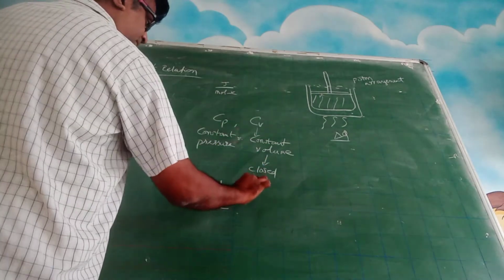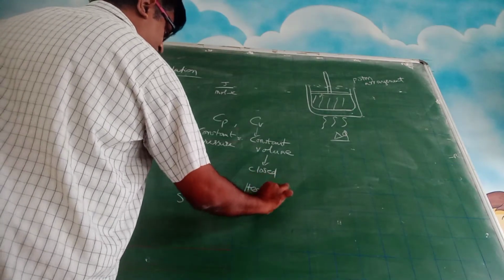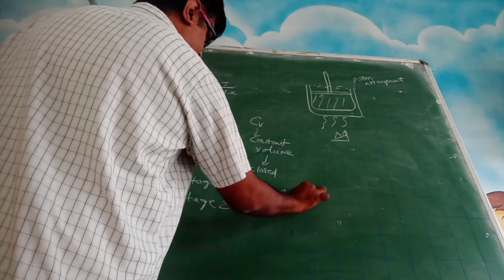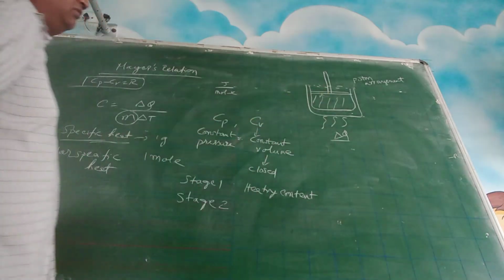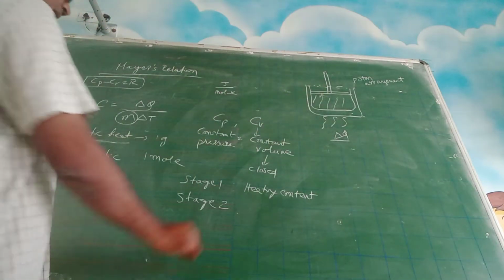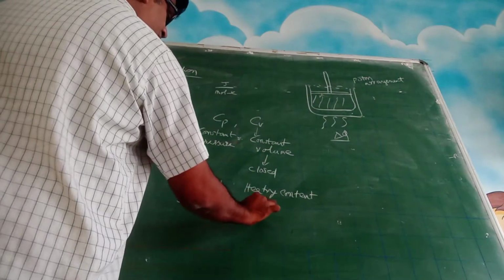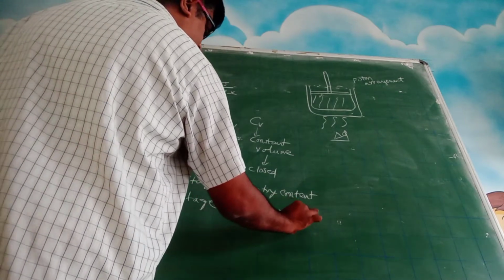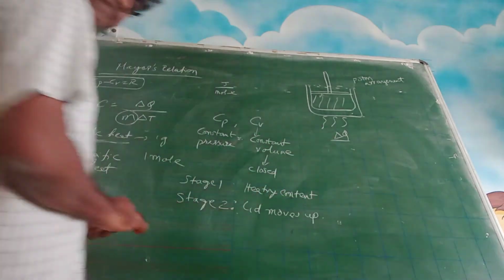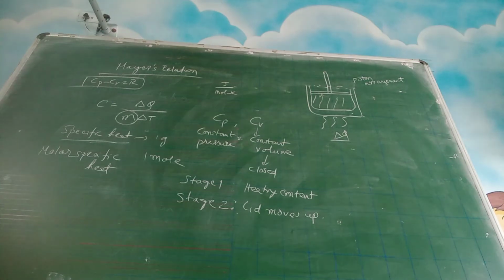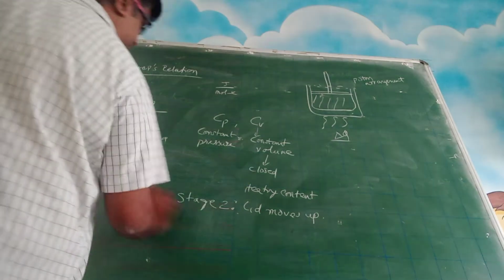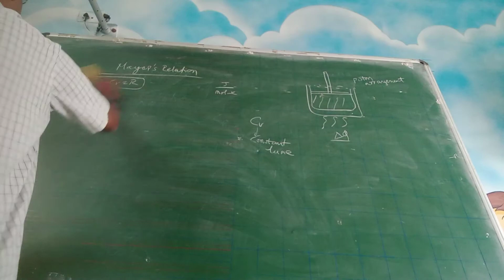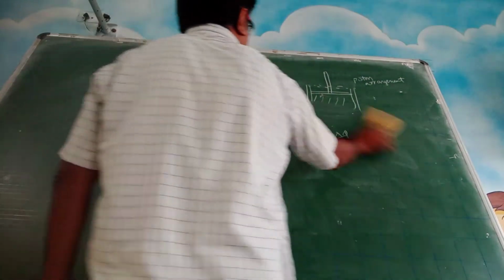Stage 1, what is happening? Heating the contents which are kept in the cooker, it can be anything, and after that the lid goes up. Let us see this in the form of a diagram. One more point I want to discuss.